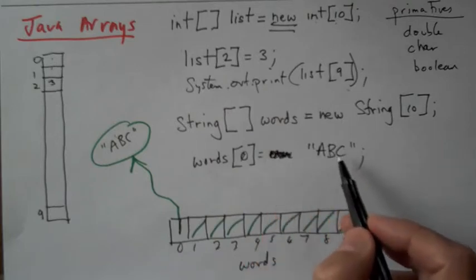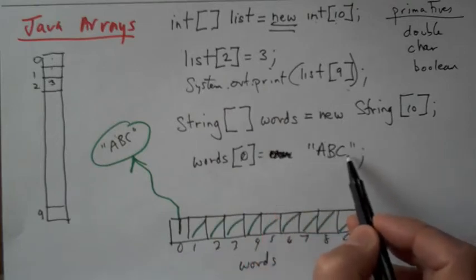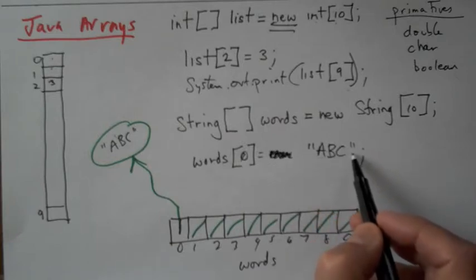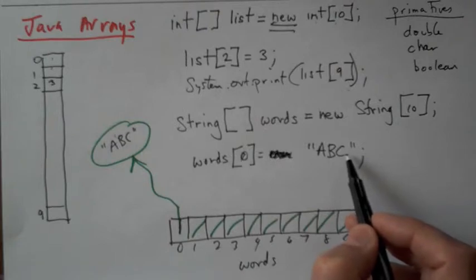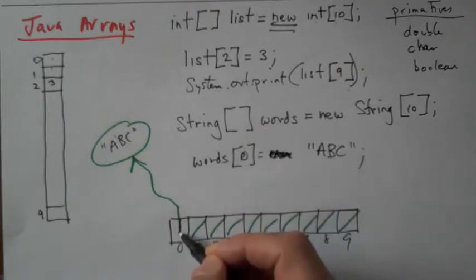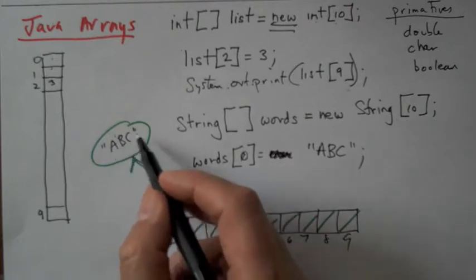So what's really going on here is a chunk of memory is grabbed right there that holds ABC, and the address of that memory is placed into words sub 0 right there, right? And so that has a reference to that object.